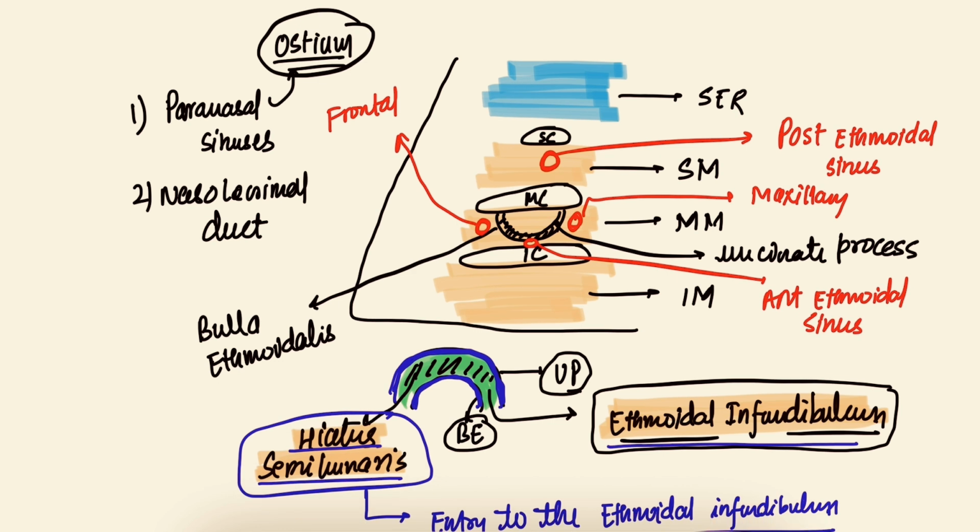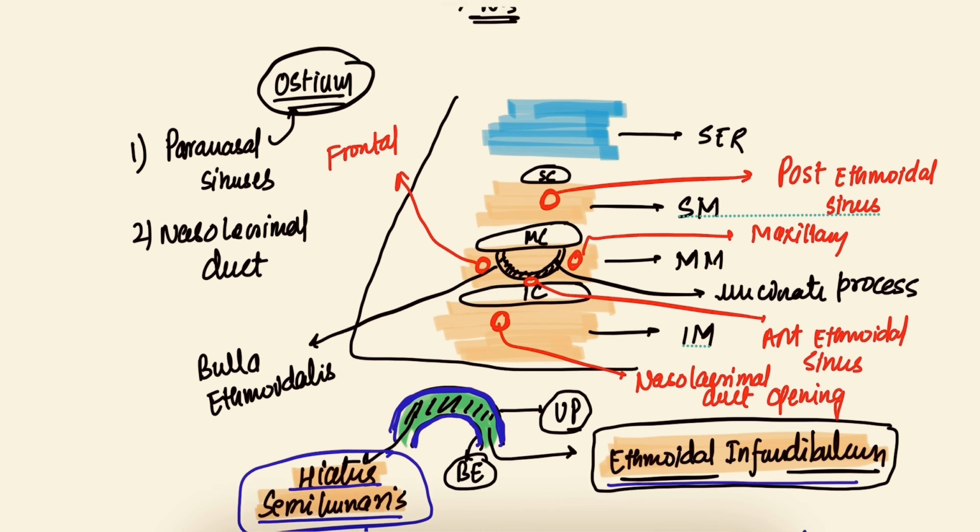Now we have seen the posterior ethmoidal, anterior ethmoidal, maxillary and frontal sinus openings. The third one is the nasolacrimal duct opening, which is in the inferior meatus. So these are the openings.